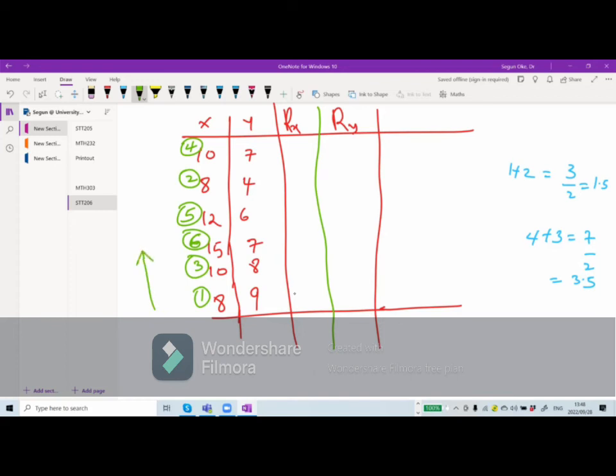Okay. But now let's look at the Y. Which one is the lowest? 4. 1. Yes. The next one? 6. The next one? 7. 7 is 2. 7, 3, and 4.